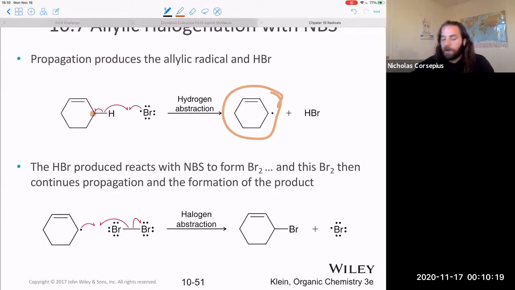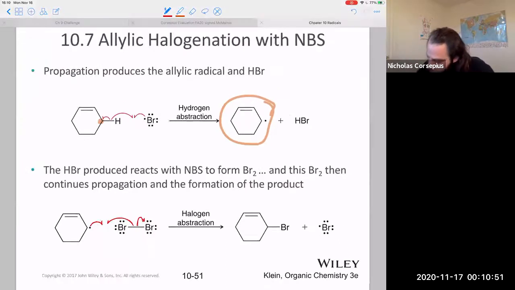That means our radical is forming a new bond with one of these bromine atoms, and the other bromine atom is now accepting the role of the halogen. Most importantly, it's not the addition to the alkene that we saw in the previous lecture. It's a substitution that's specifically happening at that allylic position.